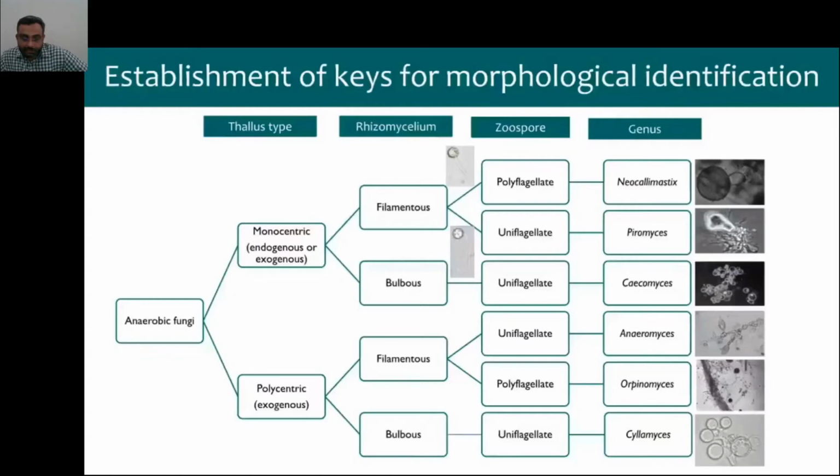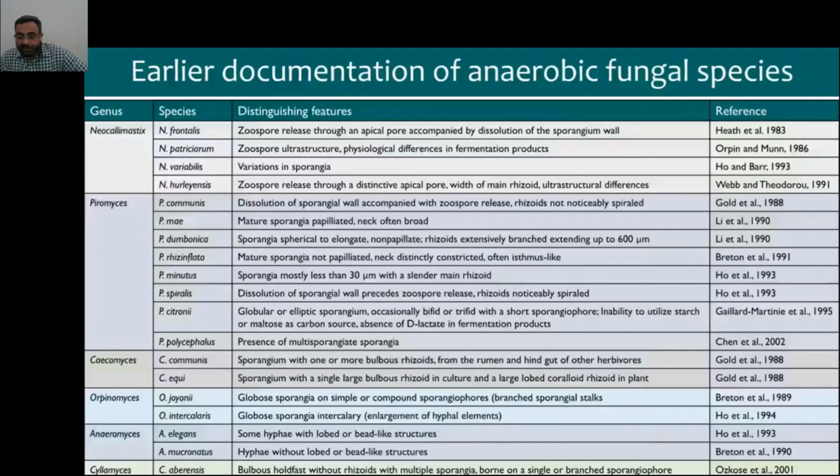In case of bulbous, the zoospore flagellation is always uniflagellate and it's Caecomyces. While in case of polycentric, again, if it's filamentous, it can be both uniflagellate or polyflagellate. And if it's uniflagellate, it will be Anaeromyces. And if it's polyflagellate, it will be Orpinomyces. Similar to the monocentric one, the bulbous here also is uniflagellate and it's Cyllamyces.